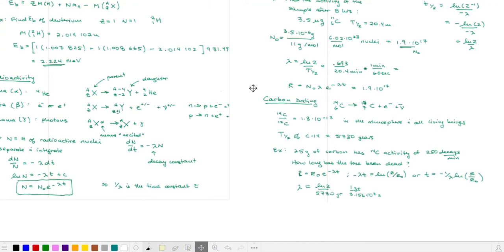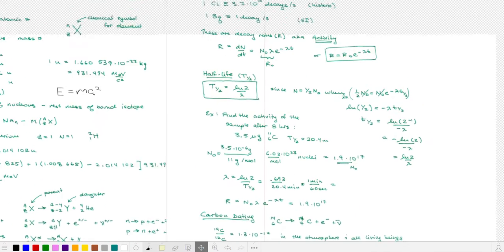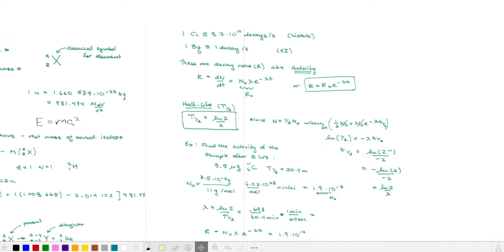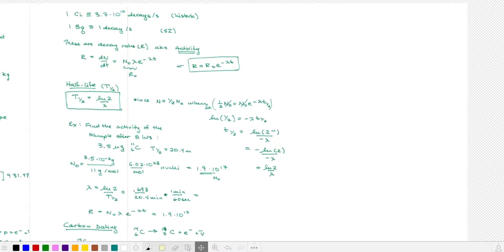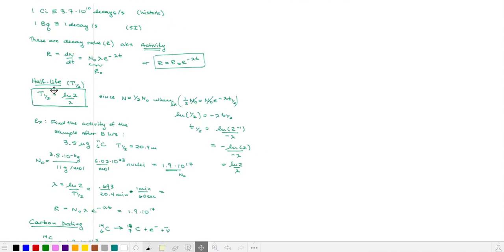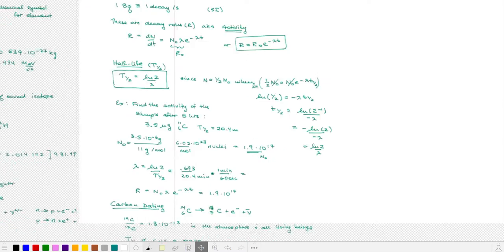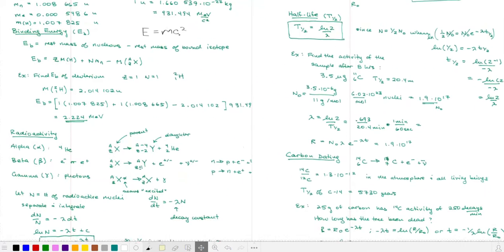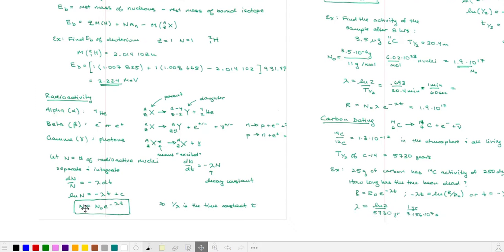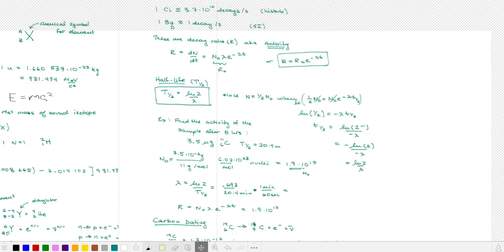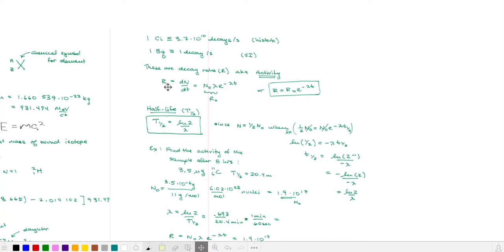So we'll be using this for things like carbon dating and half-life calculations. If we take the derivative of this expression with respect to time, dn/dt, that gives us the time rate of change of nuclei. That's equal to the rate. So we define this new term R for the decay rate.